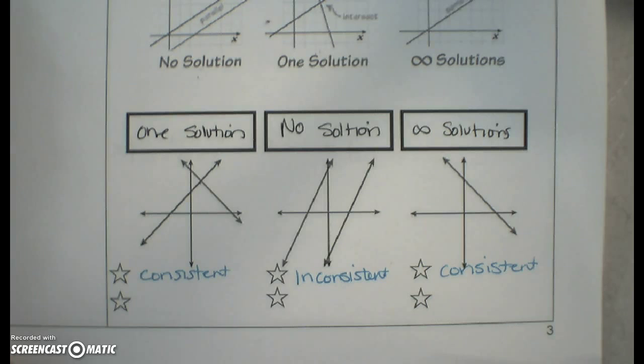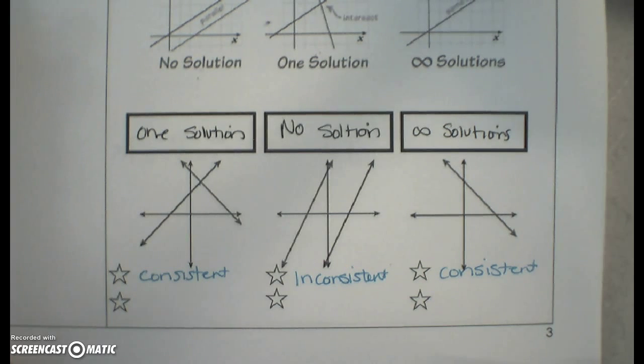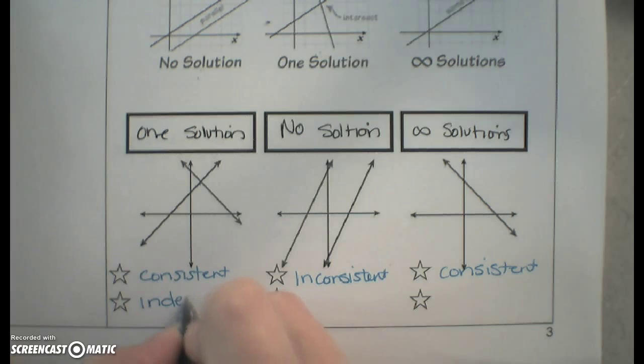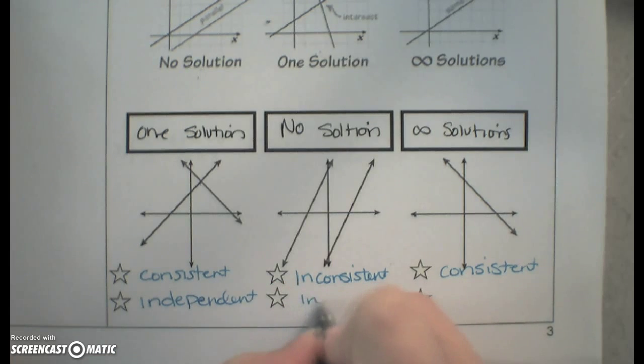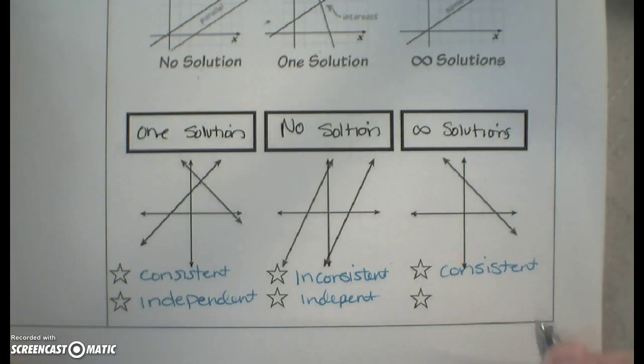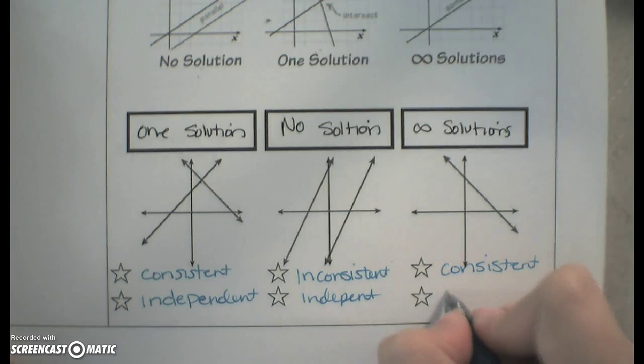Well, those that are kind of separate are independent. So this one, independent, you can kind of see two separate lines. Dependent. And this one would be independent. And this one, though, looks like it's the same line, so that one is going to be dependent.